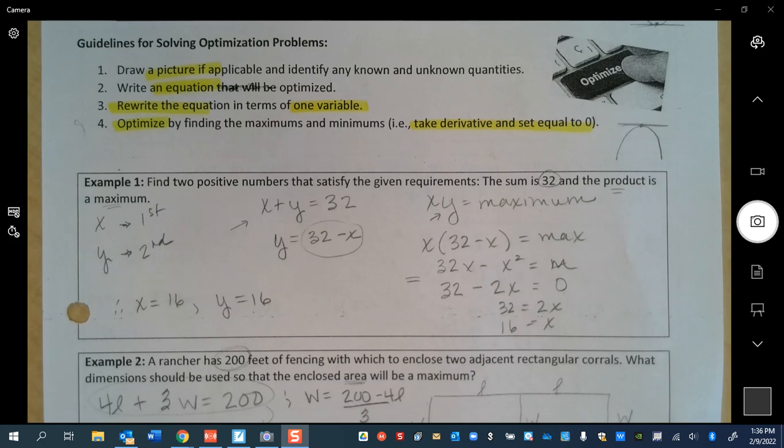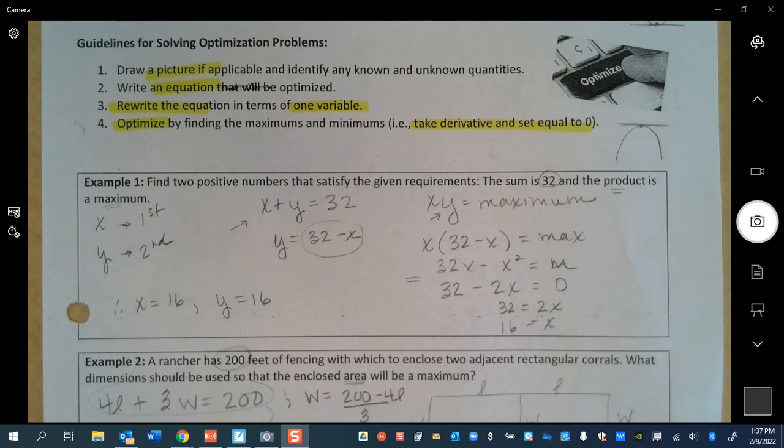All right, so in our first optimization lesson, all we had to do was write the equations. In this optimization lesson, you are defining your variables, you're writing your equations, and you're coming up with just one variable, so that, notice, when I'm taking my derivative, it's not with respect to time.